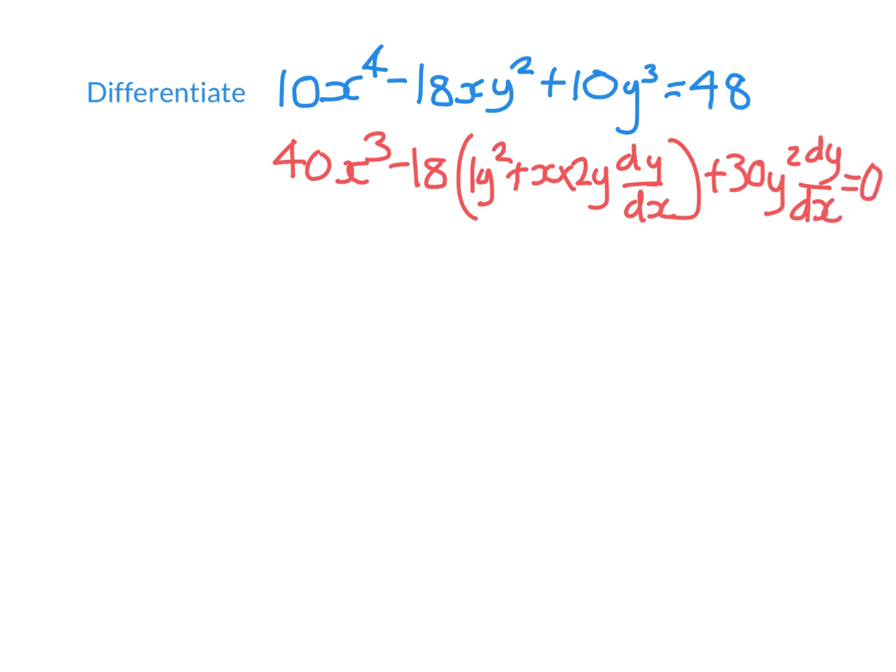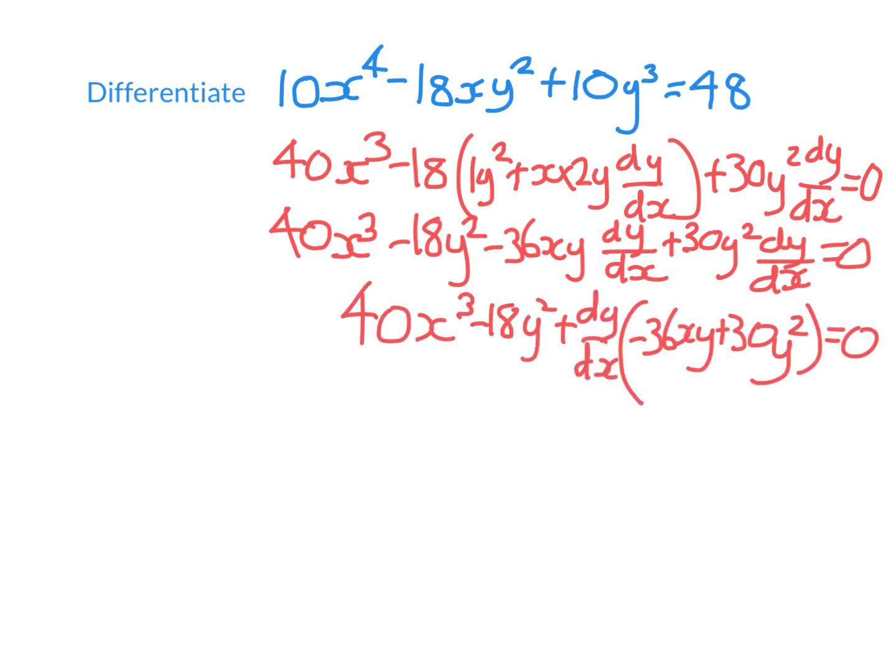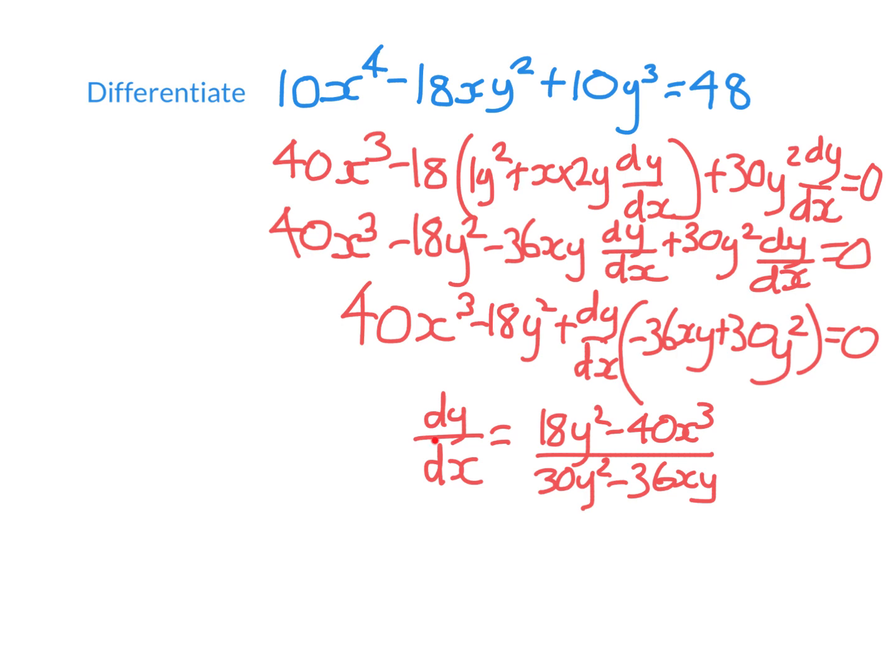So now we're going to rearrange this equation and get dy/dx as the subject. So I've expanded the brackets here. Now to get dy/dx by itself, I'm going to factorize just these terms with the dy/dx. So to make that happen, I'm going to subtract this here and then divide by that. So there I have dy/dx.